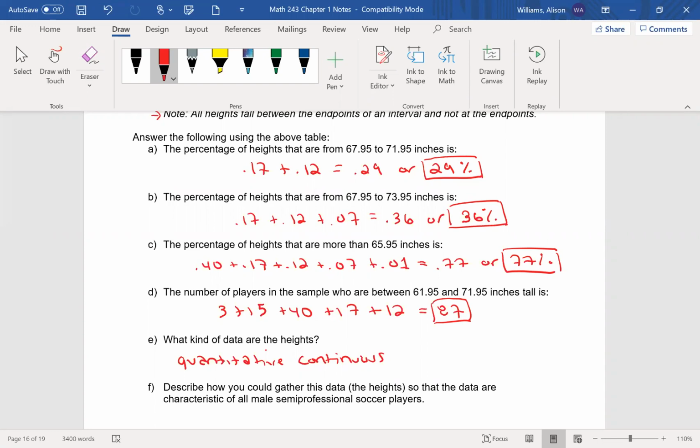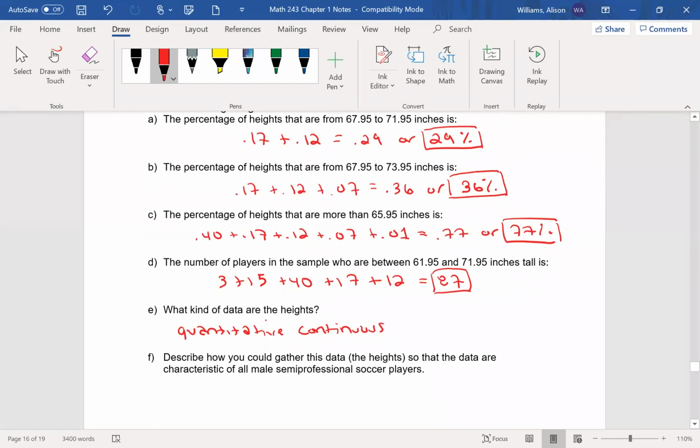ratio. Okay. Describe how you could gather this data, the heights, so that the data are characteristic of all semi-professional soccer players. So basically, we need a random sample. And if we're talking about this type of data for a semi-professional soccer player, this type of data is probably pretty straightforward and probably collected pretty easily.